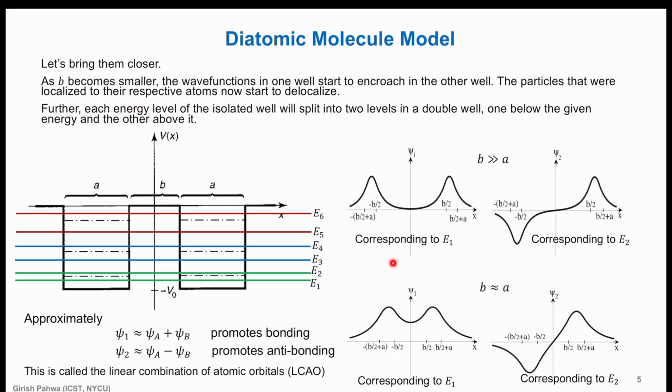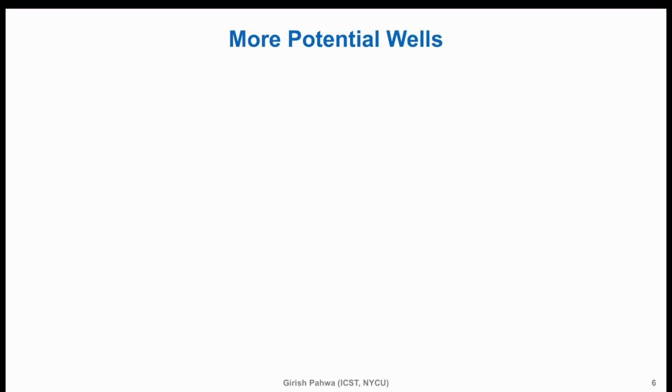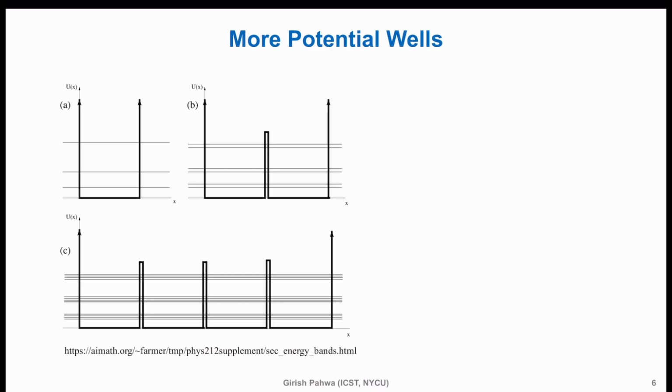We have seen now 2 atoms. Let's now put more atoms in place, more potential wells. So we have seen single, we have seen double. Let's talk about 1, 2, 3, 4. So when you had 2 wells, there was splitting of energy levels into 2 levels.